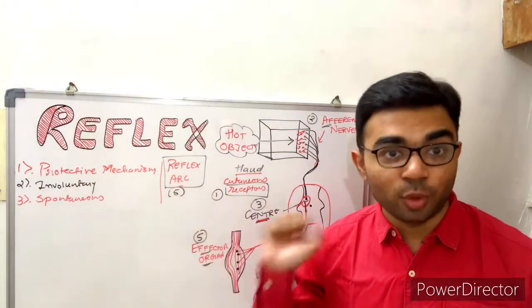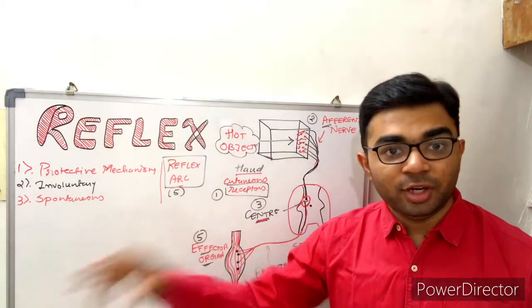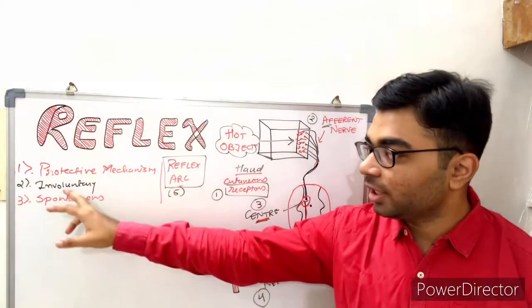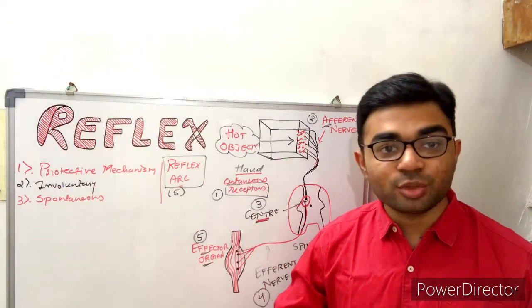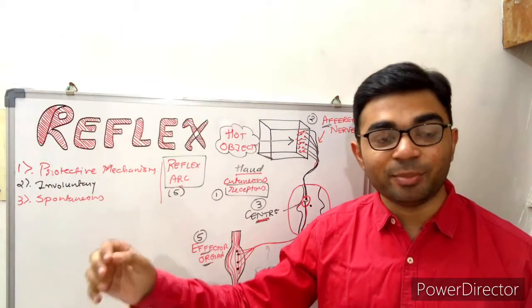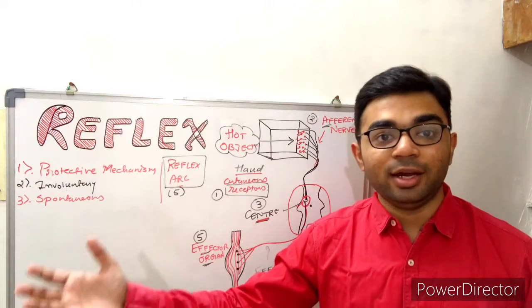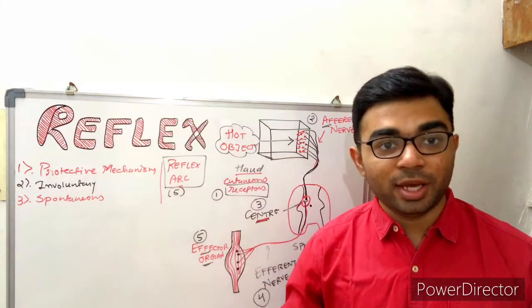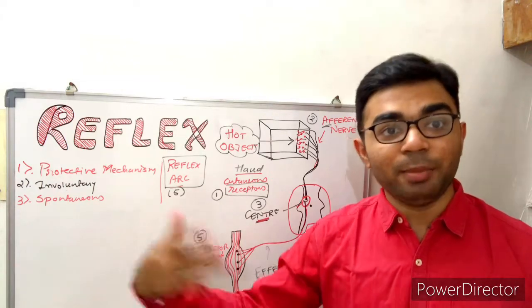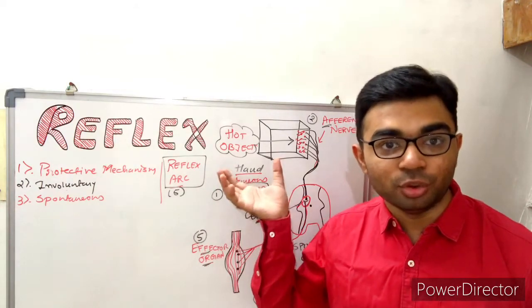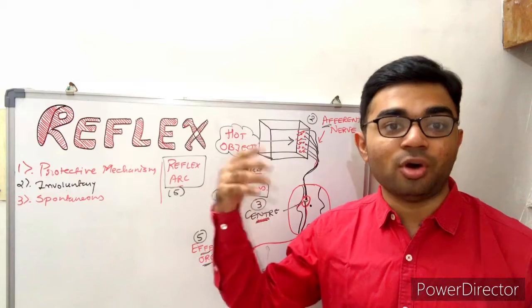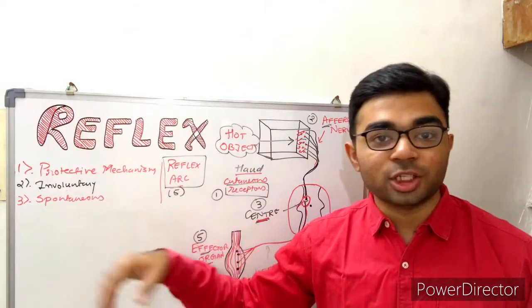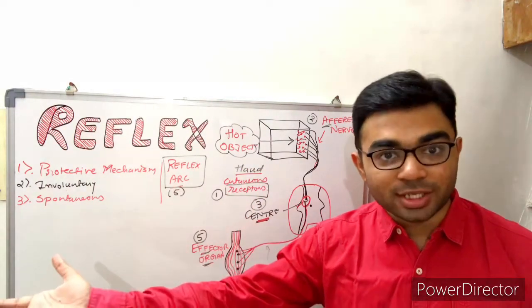Second, it is involuntary, as the immediate withdrawal is noticed. And spontaneous, as soon as the receptor senses the sensation and detects that this is a harmful object that can cause irreparable damage to the tissue, the spontaneous response comes to the stimulus.